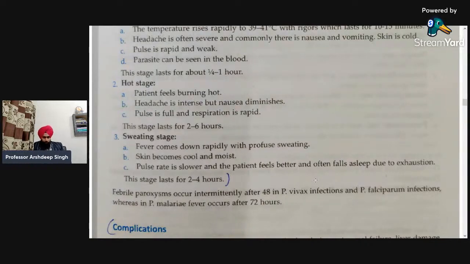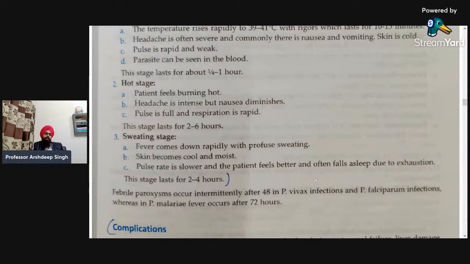Febrile paroxysm occurs intermittently after 48 hours in Plasmodium vivax and Plasmodium falciparum infections, whereas in Plasmodium malariae, fever occurs after 72 hours. So these are the clinical features of malaria, and they are divided into 3 stages: the first is the cold stage, second is the hot stage, and third is the sweating stage.